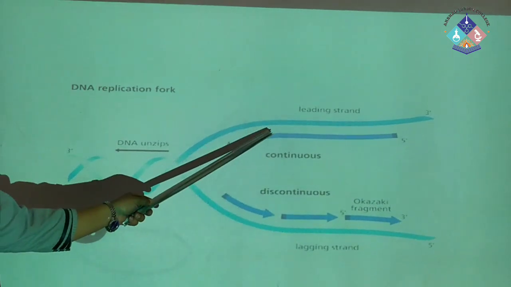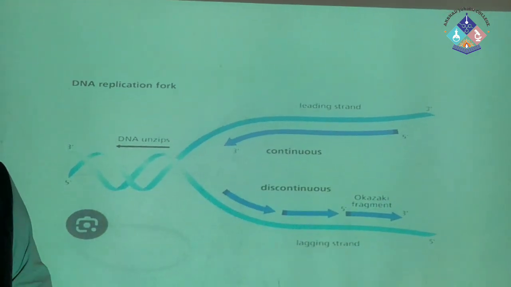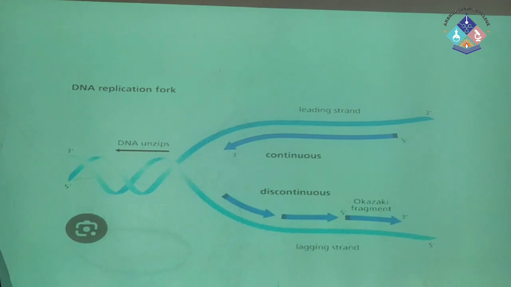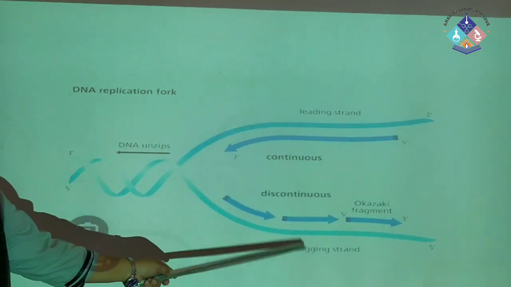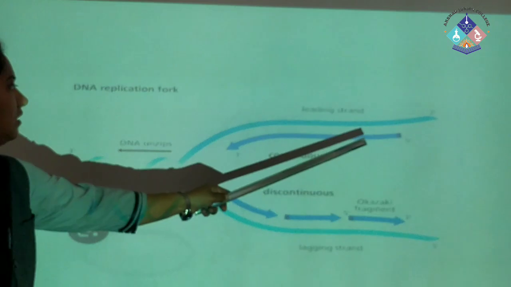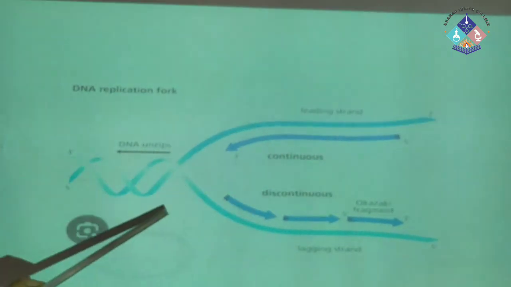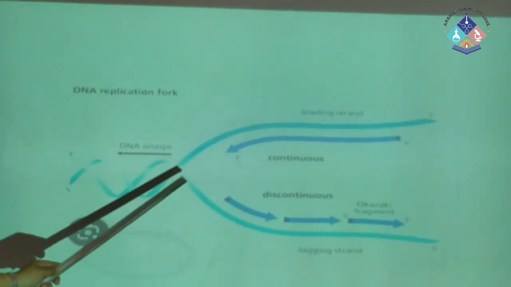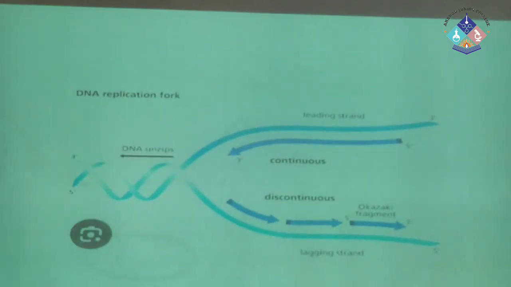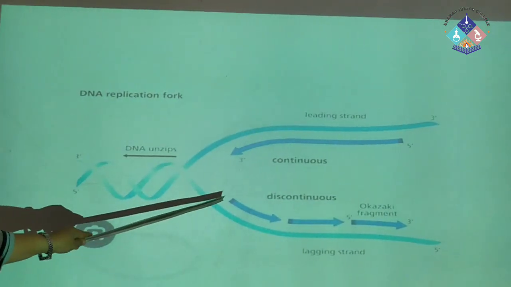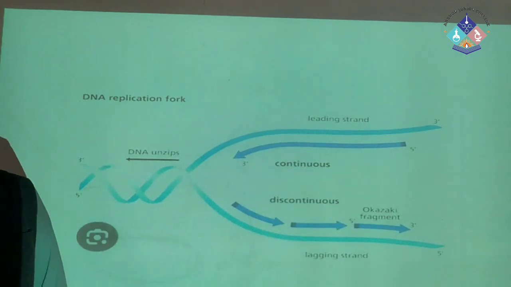So this is the difference between the leading and lagging strand: the leading strand is continuous and the lagging strand is discontinuous. The leading strand moves towards the replication fork. This is the replication fork. It moves towards the replication fork, and the lagging strand moves away from the replication fork.